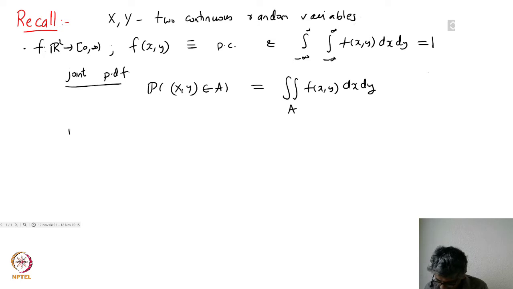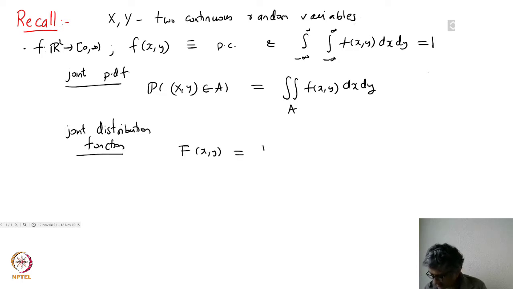And we also understood this joint distribution function, F at (x, y), which was the same as the chance that X is less than or equal to x and Y is less than or equal to y. So maybe I use the letters a and b here.